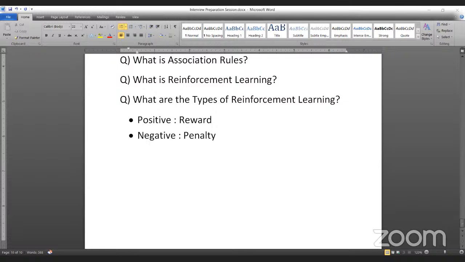So basically, in negative reinforcement, we penalize the agent for doing some event that should have been avoided, so that it learns from this behavior and in the future it tries to avoid this situation.